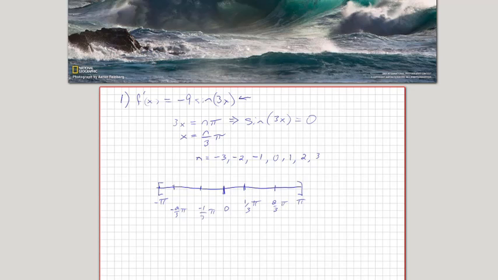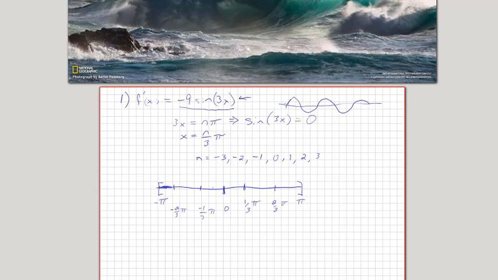So how do we determine which is which? Well, in a basic function like this, I know how sine acts. It's a sinusoidal graph. So if I can figure out where it's positive in one of them, one area down here, then I know it's negative in the next and positive in the next. All right, so let's see.